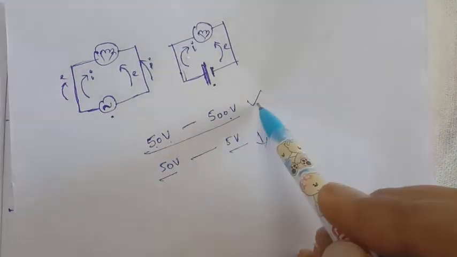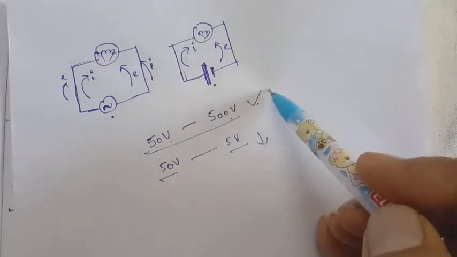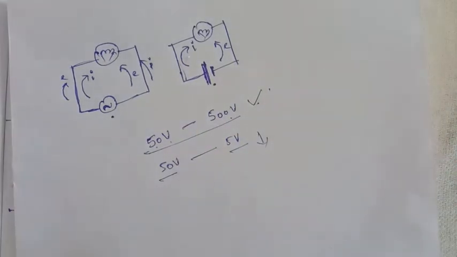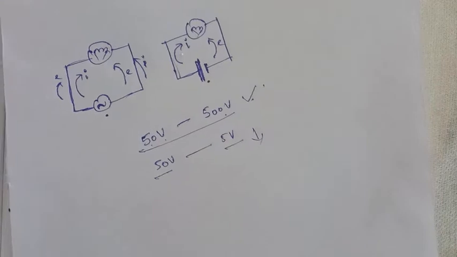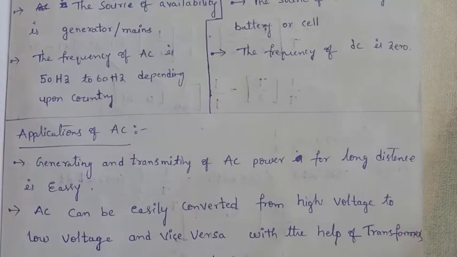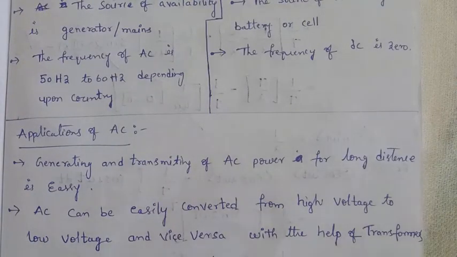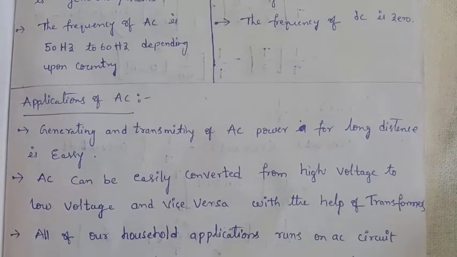So using a step up transformer we can increase the voltage, and using a step down transformer we can decrease the voltage. This conversion of high and low voltage is possible only with alternating voltage. This is the introduction to this chapter.